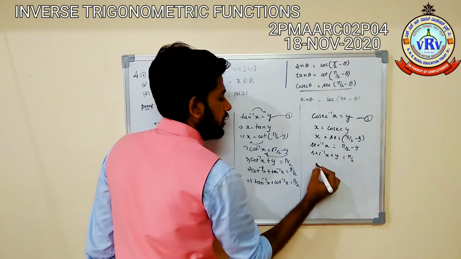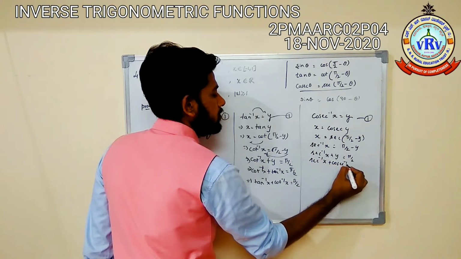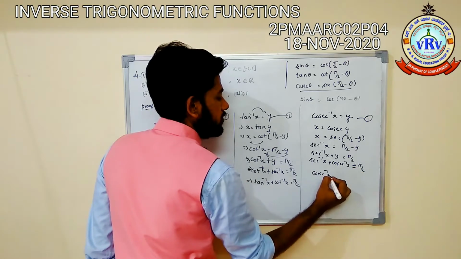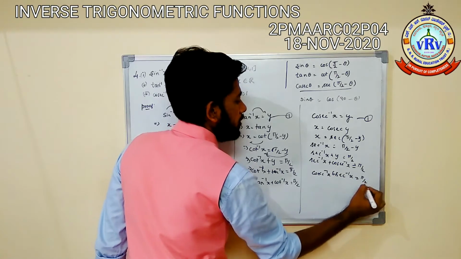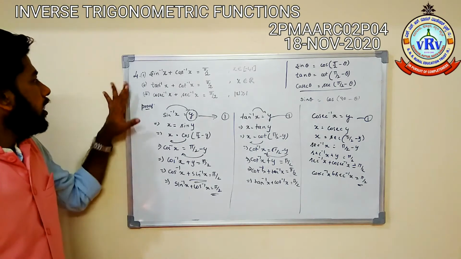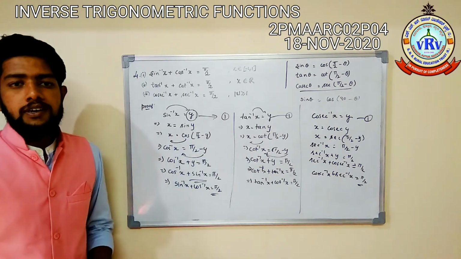From this equation, I can substitute y as cosecant inverse of x, so cosecant inverse of x plus secant inverse of x is equal to pi by 2. So, we proved the fourth property like this.